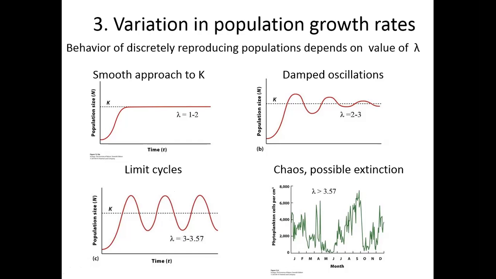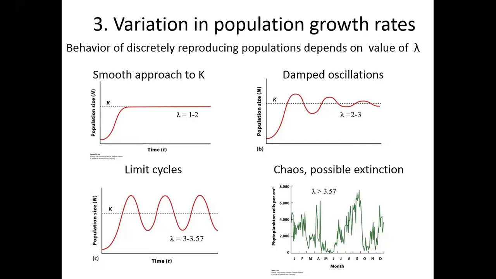But if your lambda is near 3, so it's not too much over 3, you get stable limit cycles that have 2 foci. You have 1 overshoot, 1 undershoot. As you get closer and closer to that break point, 3.57, it gets more complicated.